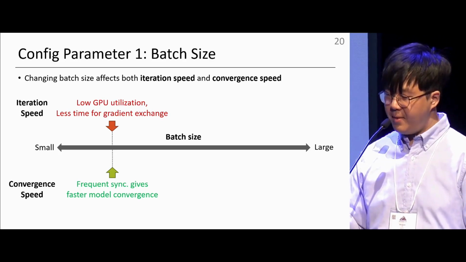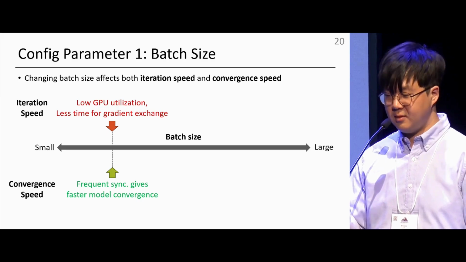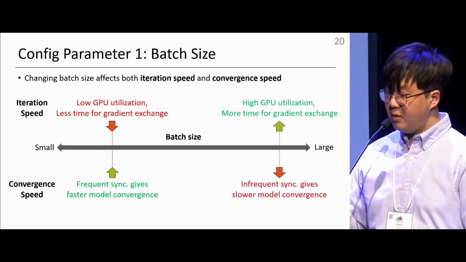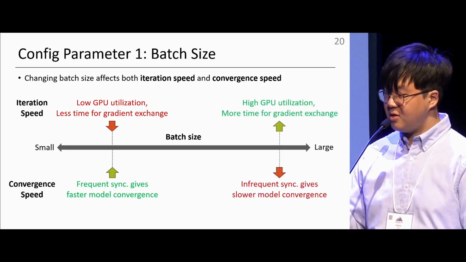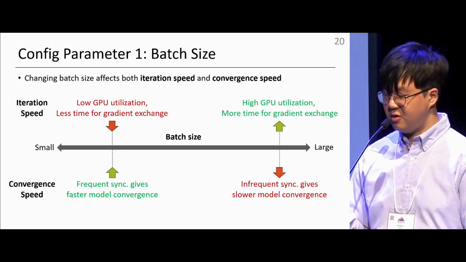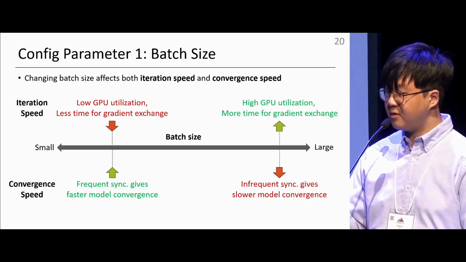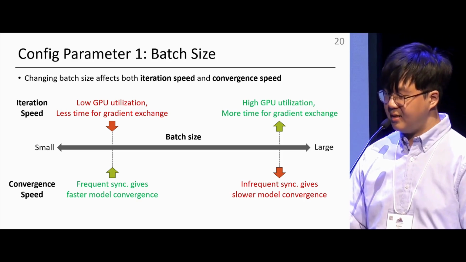However, we have better convergence speed as frequent synchronization provides faster model performance convergence. When the batch size is large, we can achieve high iteration speed since there is more time for the gradient exchange and the batch will saturate the GPU. However, we suffer from low convergence speed due to infrequent synchronization, leading to higher staleness in terms of the number of training samples.